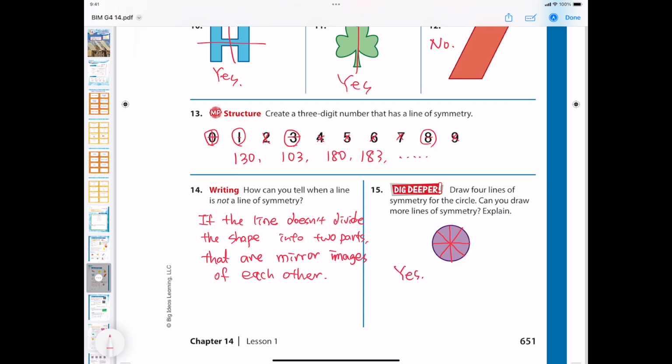For the circle, as long as the line is passing through the center, that is a line of symmetry.